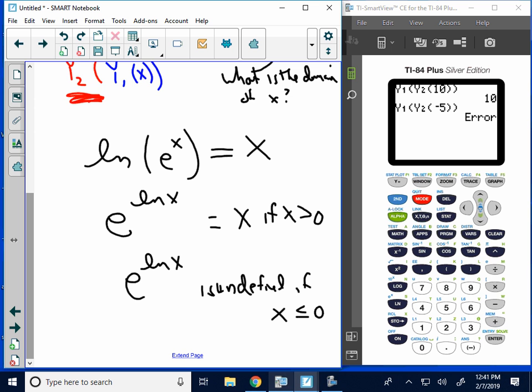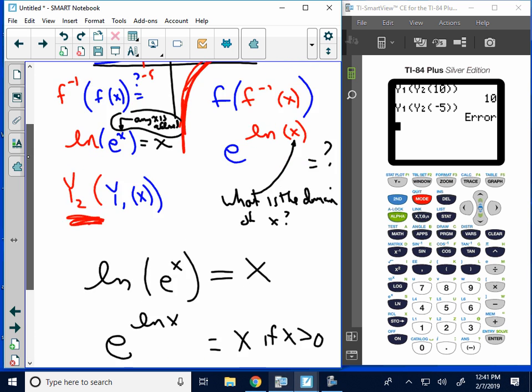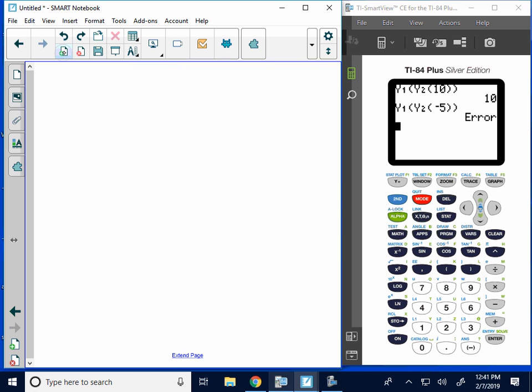Okay? Now, with those two as background, we can look at our trig functions. So let's do the sine first. We know what f of x equals the sine of x looks like, and we're going to be looking at its inverse function, f inverse of x, which is called the sine inverse of x, right?